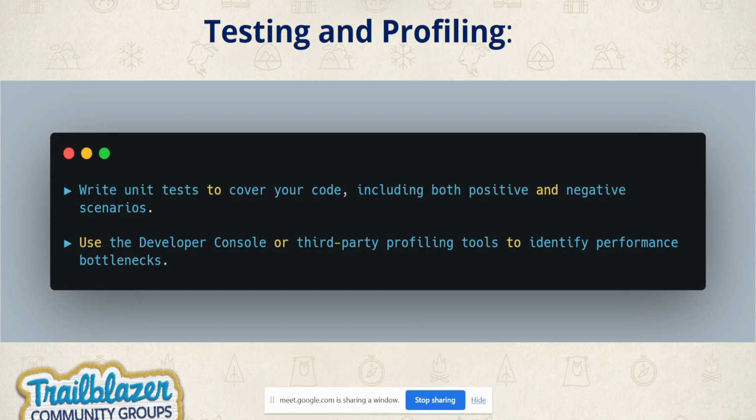Use the developer console or third-party profiling tools to identify performance bottlenecks. Suppose we have lots of extensions nowadays in the Google Chrome Play Store, and I have lots of techniques to increase my code performance and optimize my code using ChatGPT, GitHub Copilot, or CodeWhisperer.